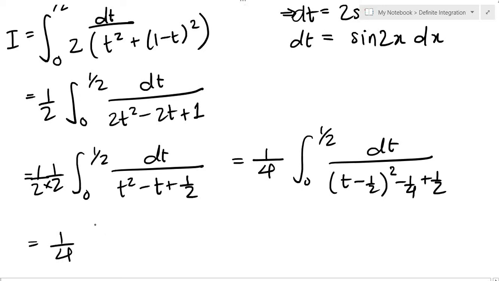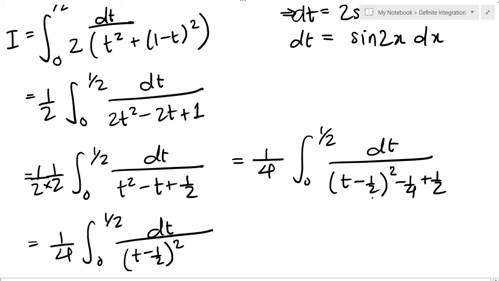So 1 by 4 integral from 0 to half of dt all over t minus half the whole square. This will be positive 1/4, so I'll just write that as half the whole thing squared.